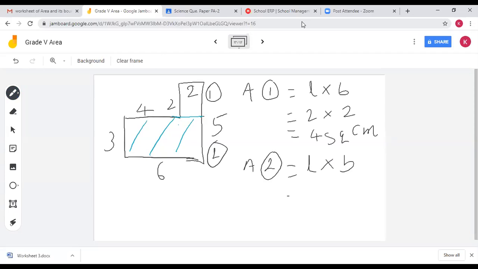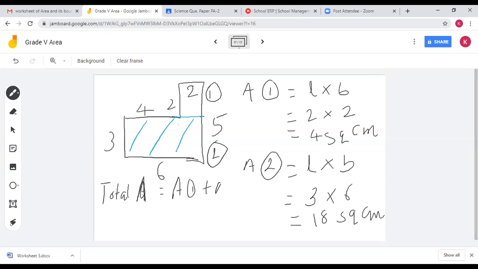What is the length here? 3 centimeter and 6 centimeter breadth. So 3 into 6, which is 18 square centimeter, right? So total area is equal to area of rectangle 1 plus area of rectangle 2, okay, which is 4 plus 18. Answer will be 22 square centimeter.